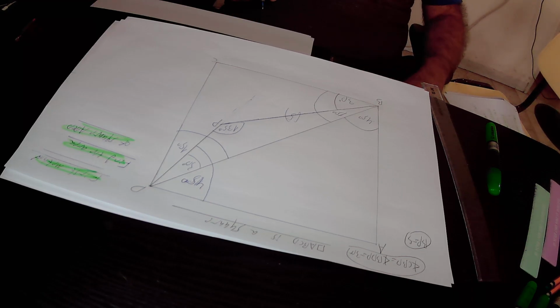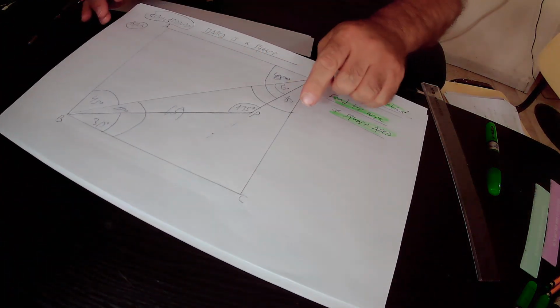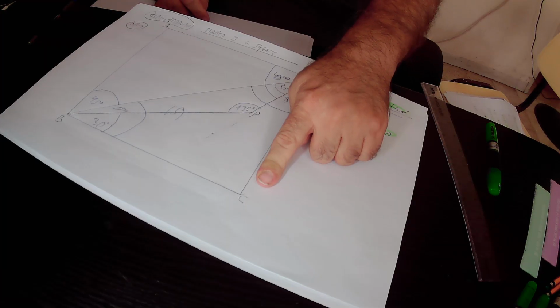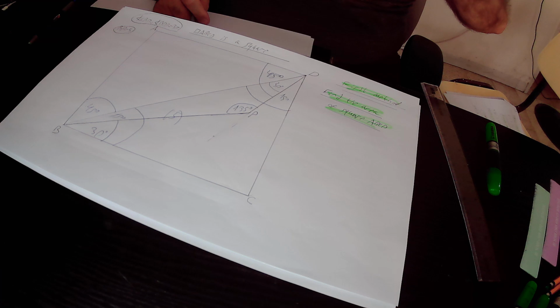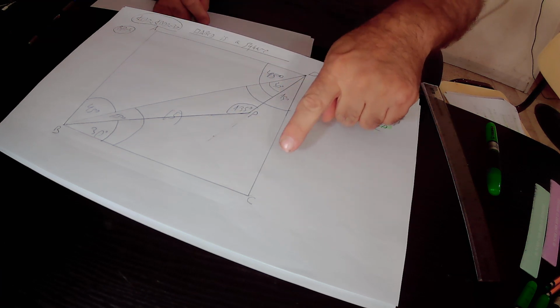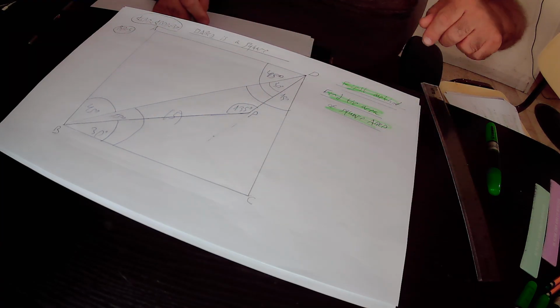That is to say, from the vertex C of square ABCD, we draw the angle bisector of angle DCB.